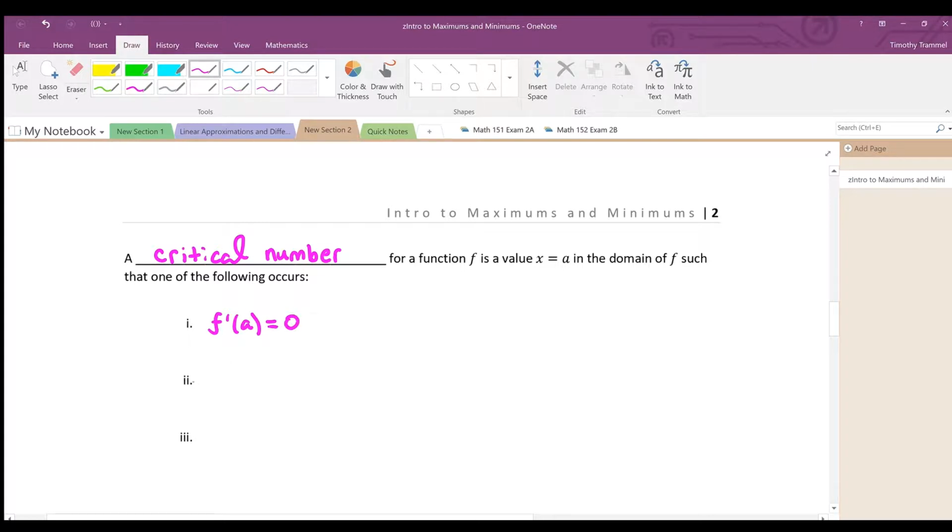Another type of critical number is if f prime of a is undefined or does not exist. I'm going to say undefined. And then lastly, we could be looking at the endpoints of some closed interval.